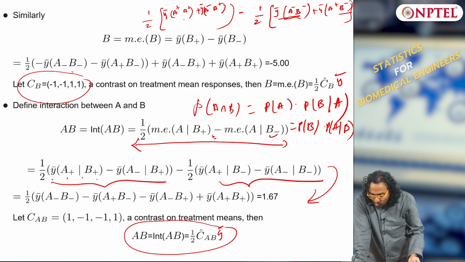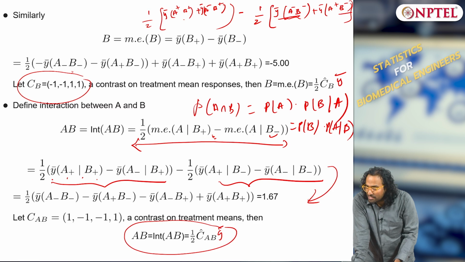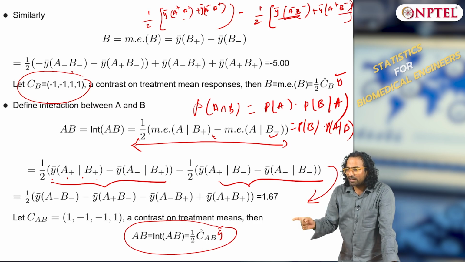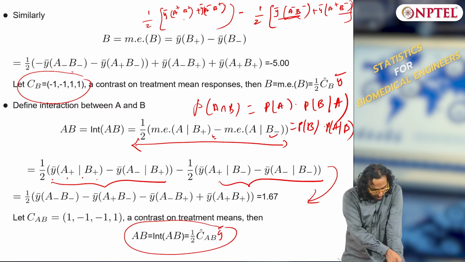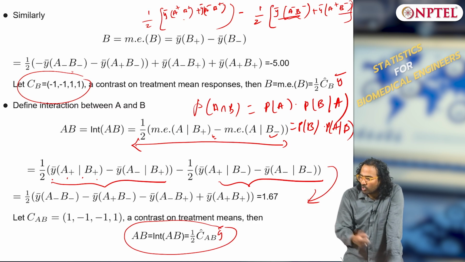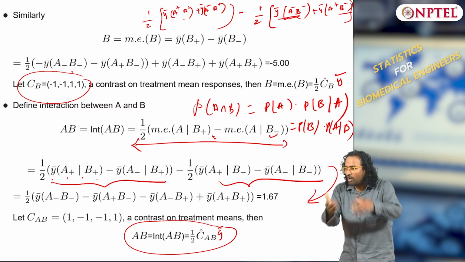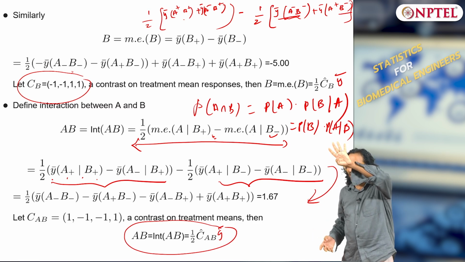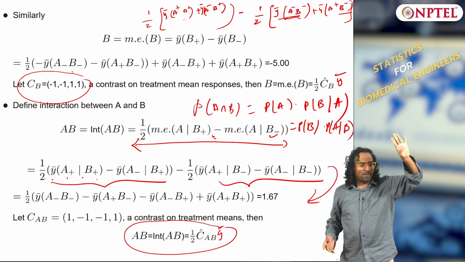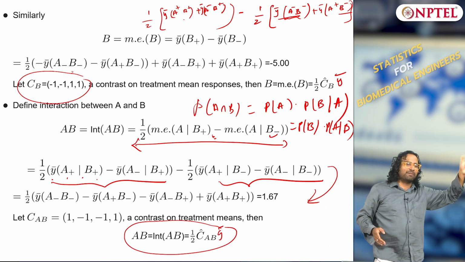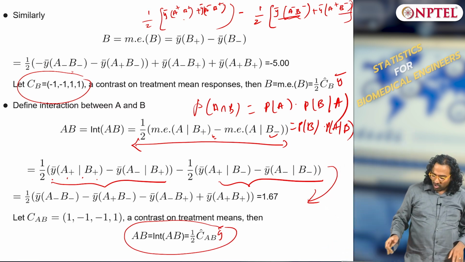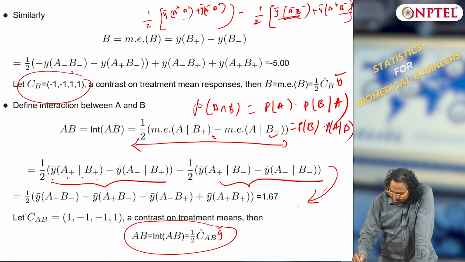Okay, what is y bar given A minus B minus is only 1, when B minus occurs A minus, so y minus B minus, and similarly A plus given B minus is nothing but A plus B minus, there are not multiple combinations there, because we have only 4 treatments, A plus B plus, A minus B minus, A plus B minus, A minus B plus, that is all we have. So from here to here is straightforward.